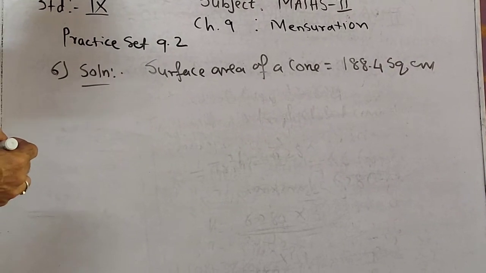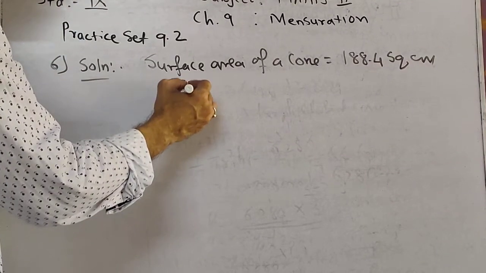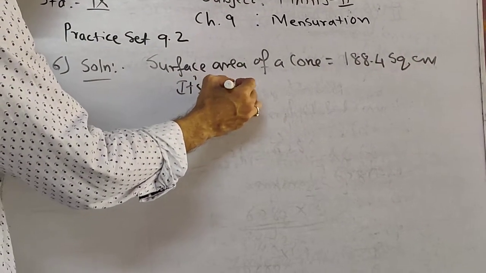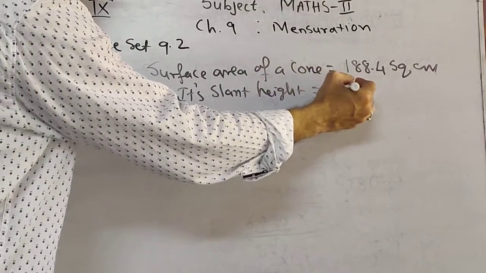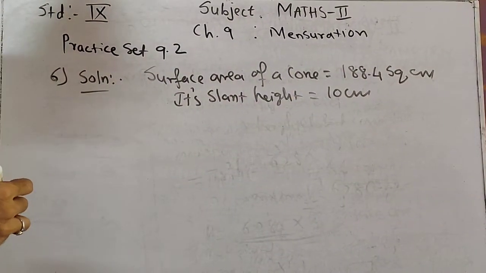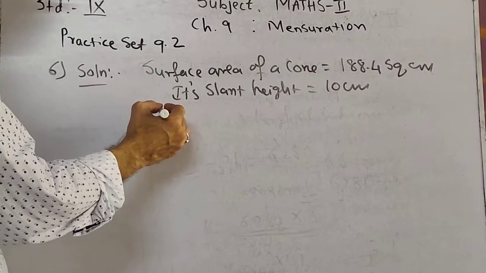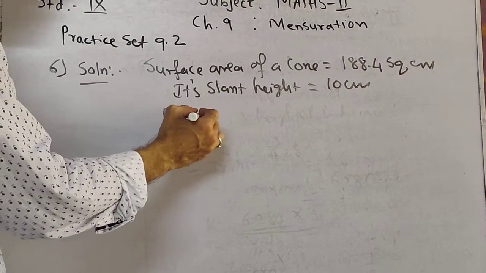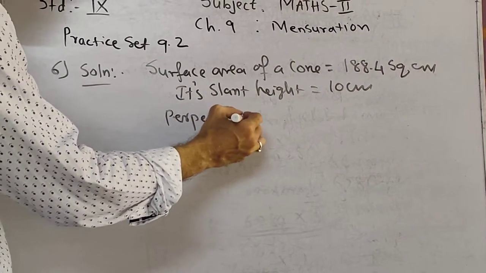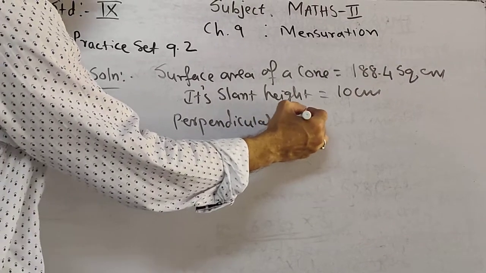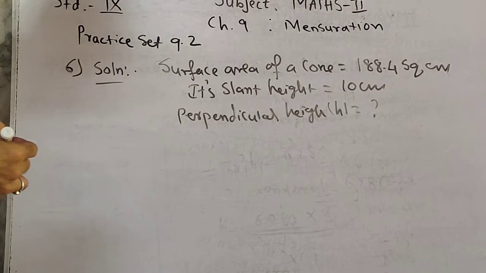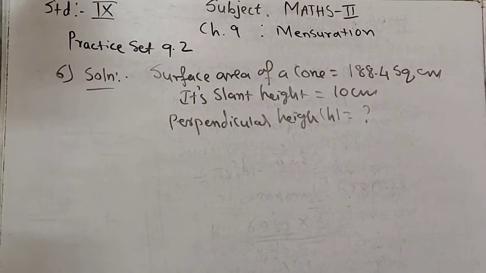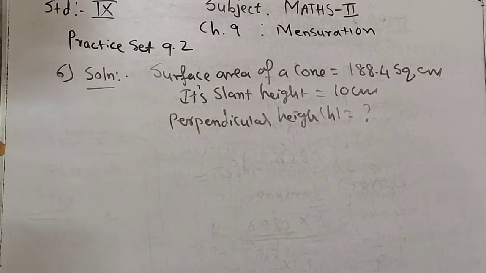Its slant height is 10 centimeter. Okay, you want the perpendicular height. Perpendicular height means h. Okay, you want h.